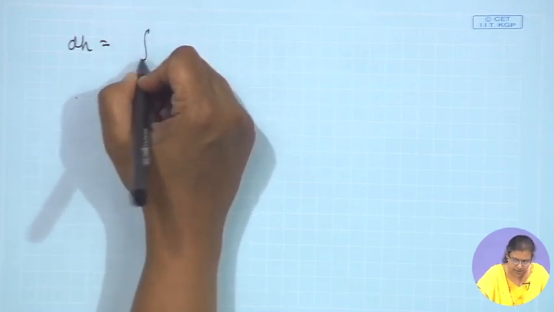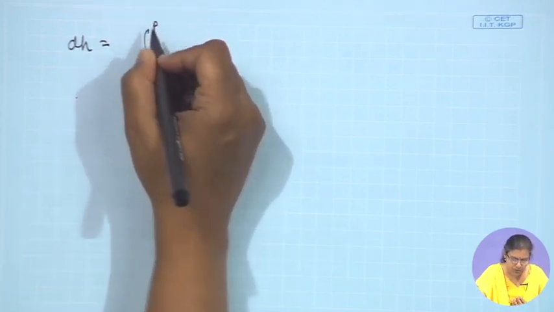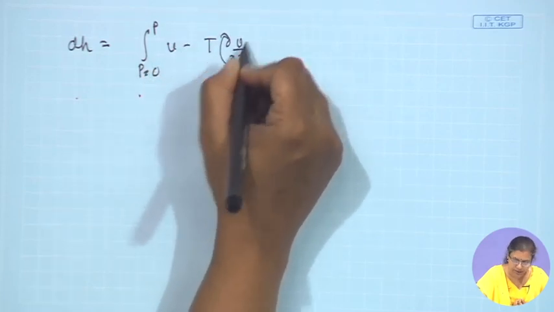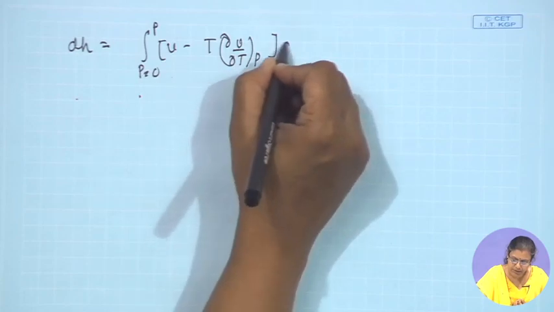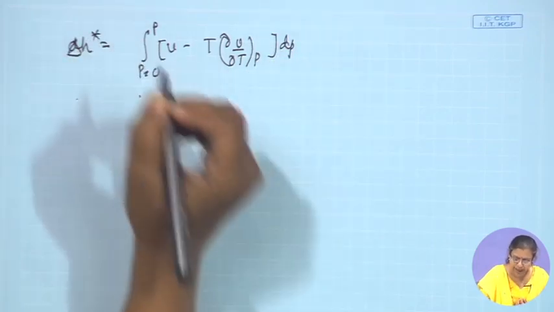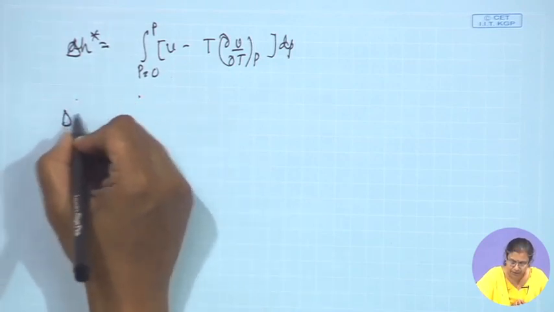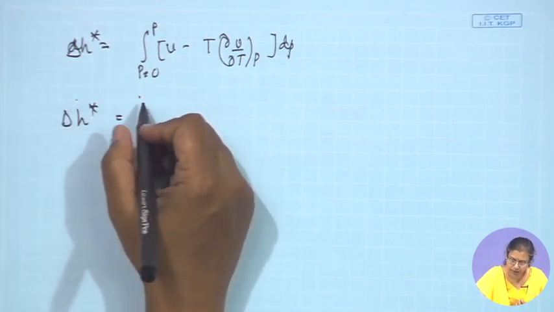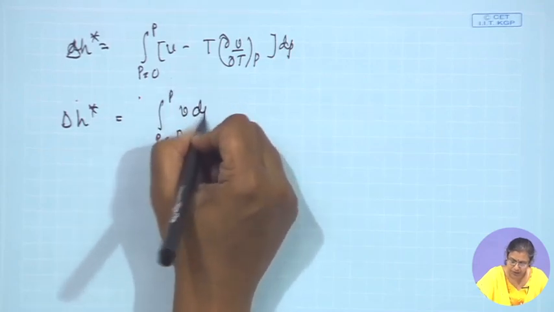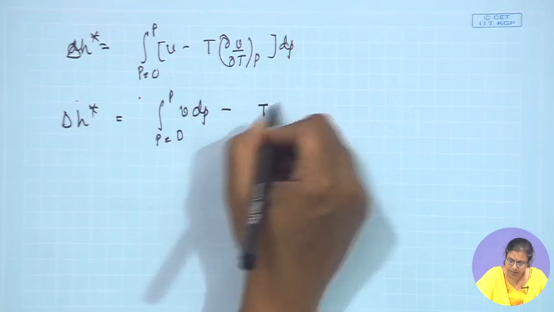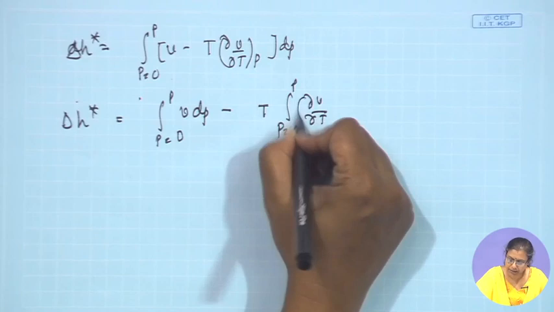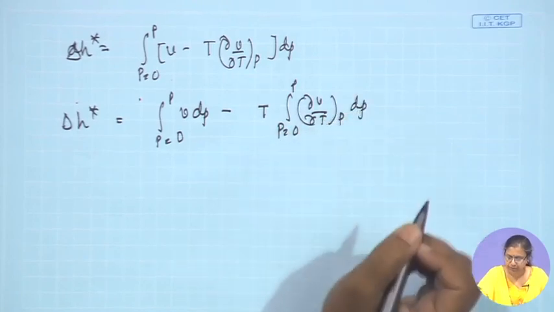This is given as integral p equals 0 to p of V minus T del V del T at constant P, dP. Very sorry, this is delta H star. Or in other words, we can also write it as integral p equals 0 to p of V dP minus T times integral p equals 0 to p of del V del T at constant P, dP.